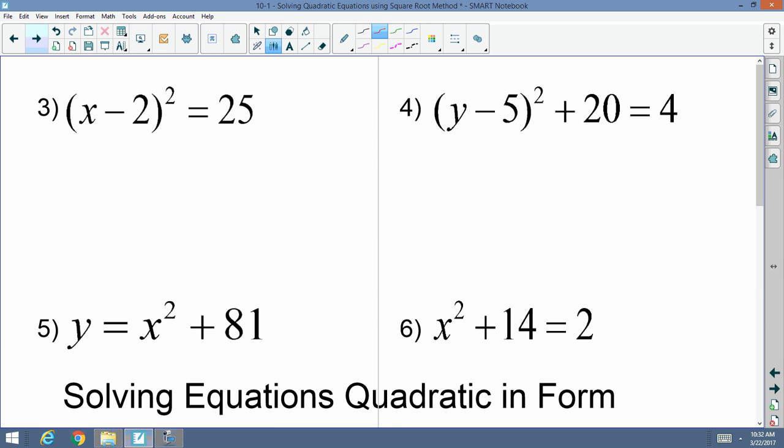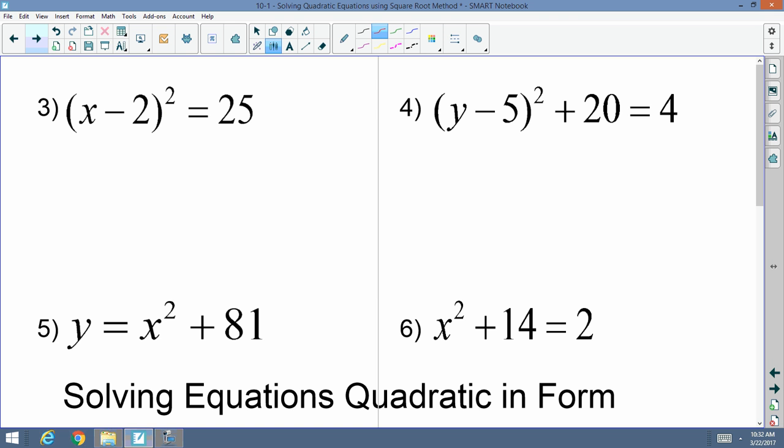All right, here we go. We've got an x squared term here. It's squared. How can I get rid of that power of 2? Square both sides? Wrong. Reciprocal, that doesn't make sense.